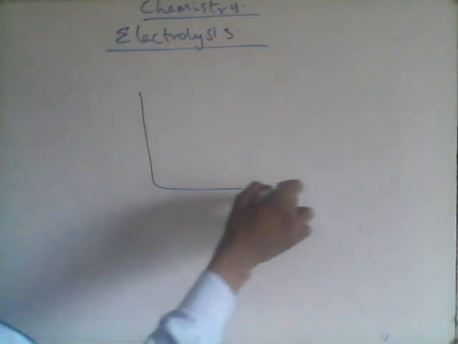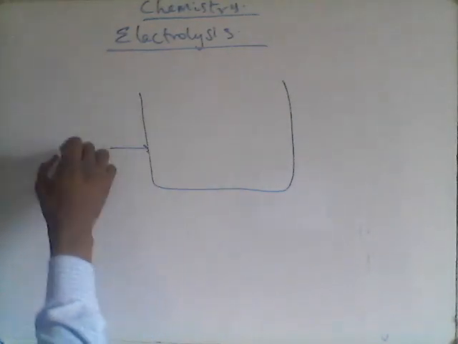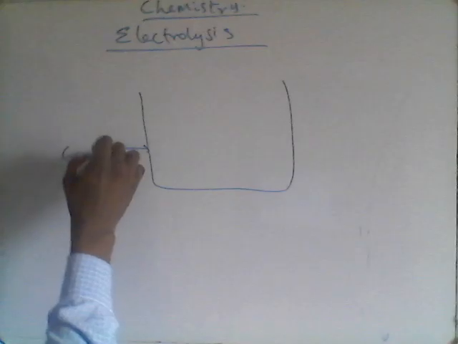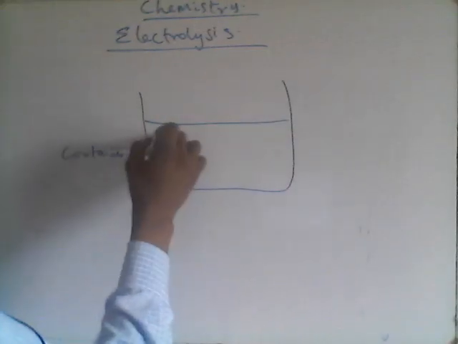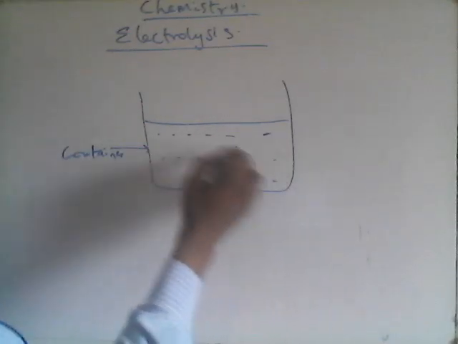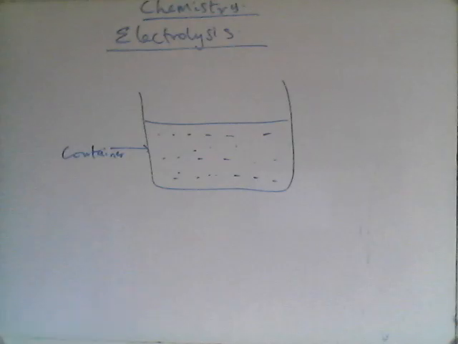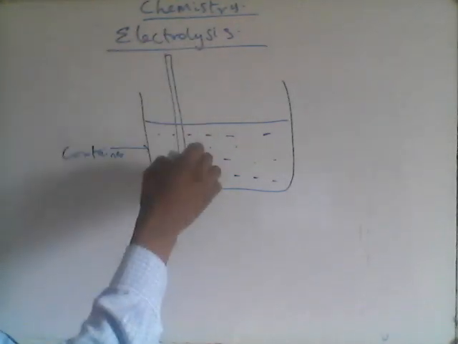You have a cell. This is a container that has an aqueous solution like this. That solution could be any solution like a chemical compound, and we'll insert two rods known as electrodes.